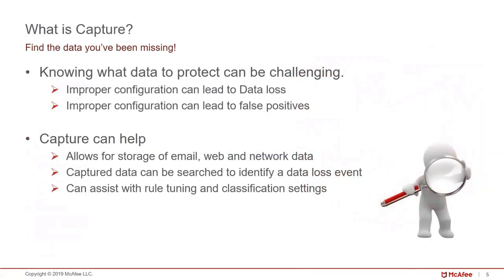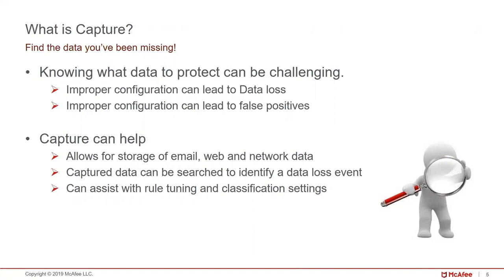Okay, so what is capture? Basically, it's a feature that helps you find data that you've been missing, or helps you alleviate false positives that you've been seeing. So improper configuration can either lead to data loss or it could lead to false positives within your DLP environment. Capture can help with this. It allows for storage of email, web, or network traffic that flows through your DLP Prevent and DLP Monitor devices.